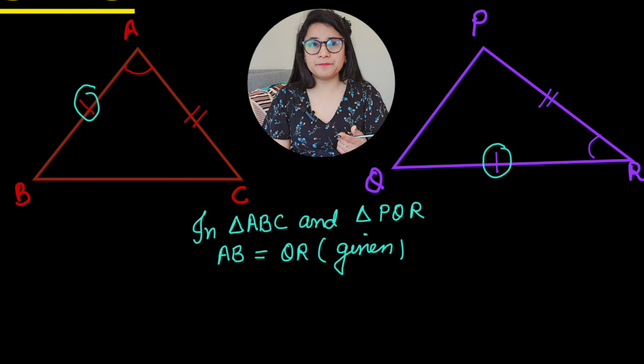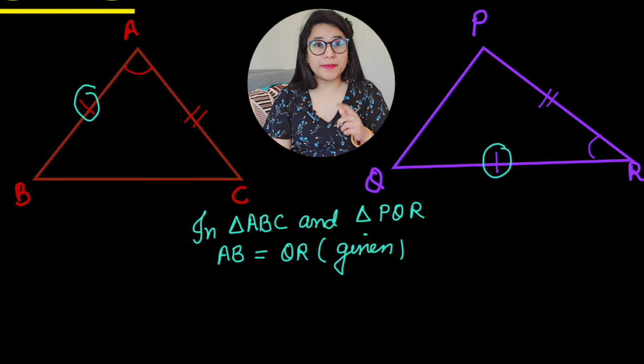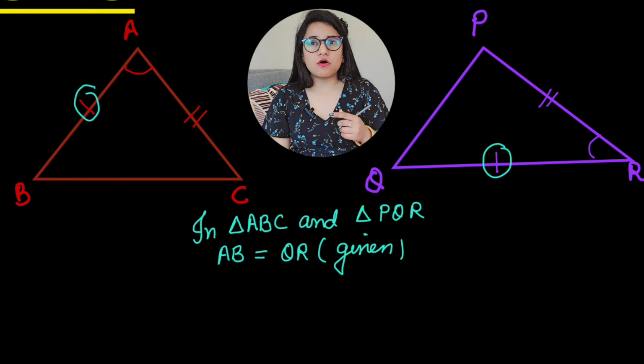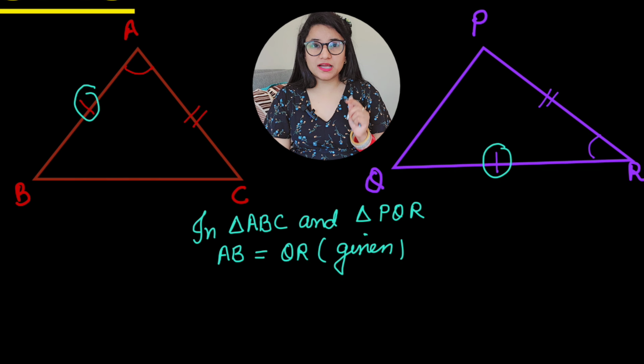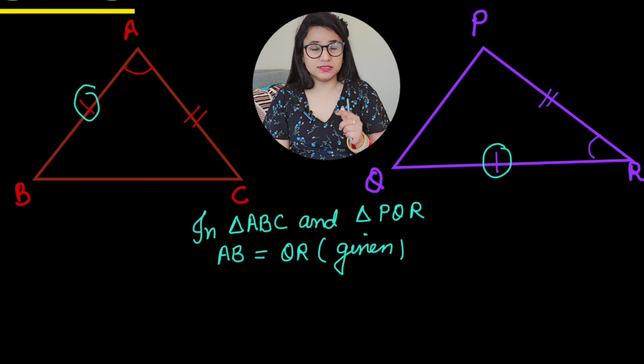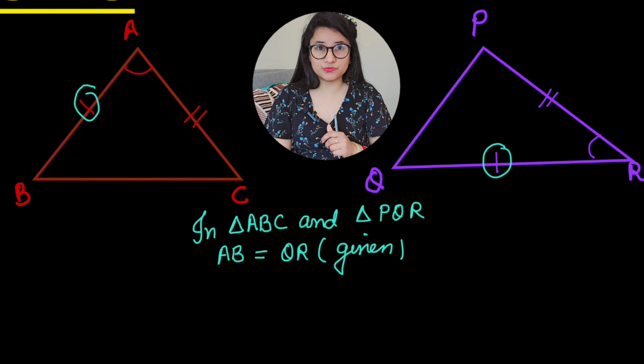And the third thing will always be related to parallel lines. Either they will be forming alternate angles or corresponding angles or vertically opposite angles. So be very attentive while considering it, which we will be covering in our next video, where we'll be taking some examples. There I will tell you in detail. So do watch that video as well.